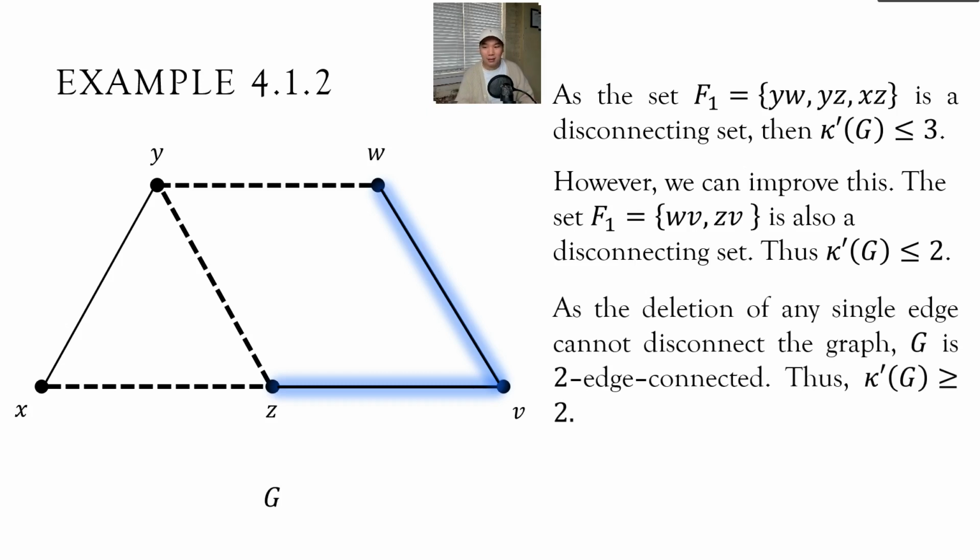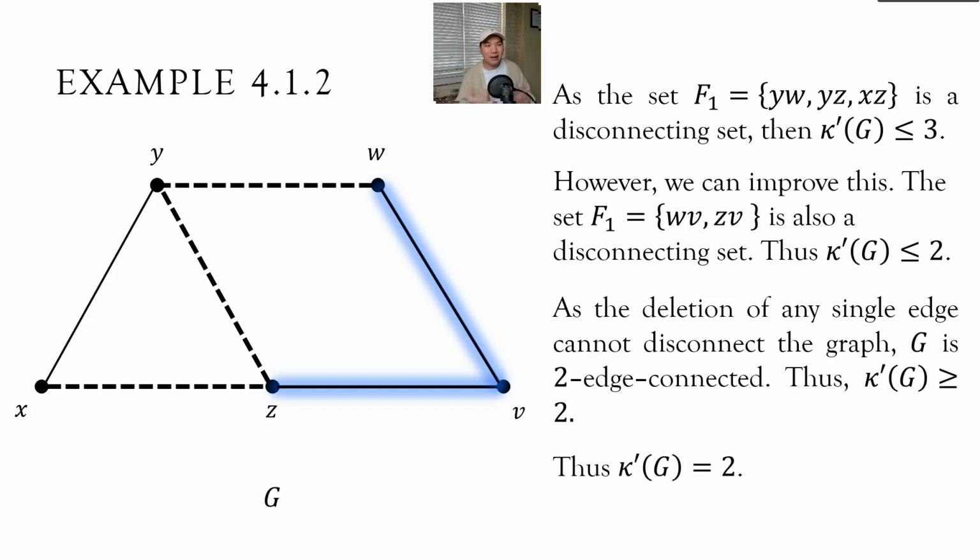As the deletion of any single edge cannot disconnect my graph, I must be 2-edge connected. Or in other words, kappa prime of G has to be at least 2. Well, since my lower and upper bound are the same, then my edge connectivity, kappa prime, is equal to 2.